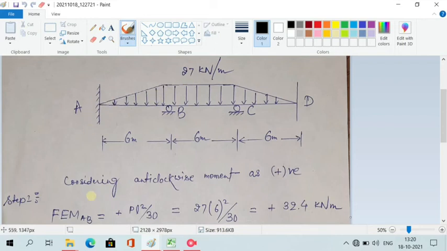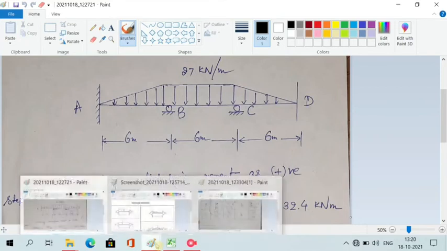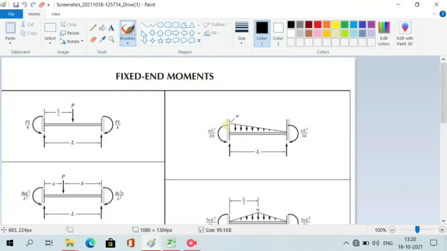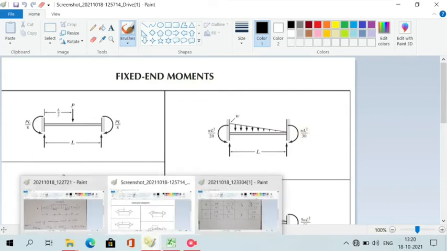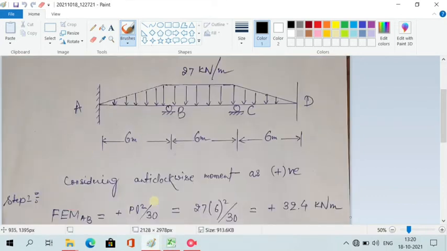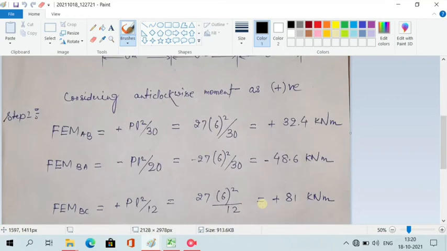For this type of loading, fixed end moment AB is given by PL square by 30. If you see the formula for such loading, in place of P here it is WL square by 30. So the same formula I have utilized here, PL square by 30. After calculating this, we got 32.4 kilonewton meter.